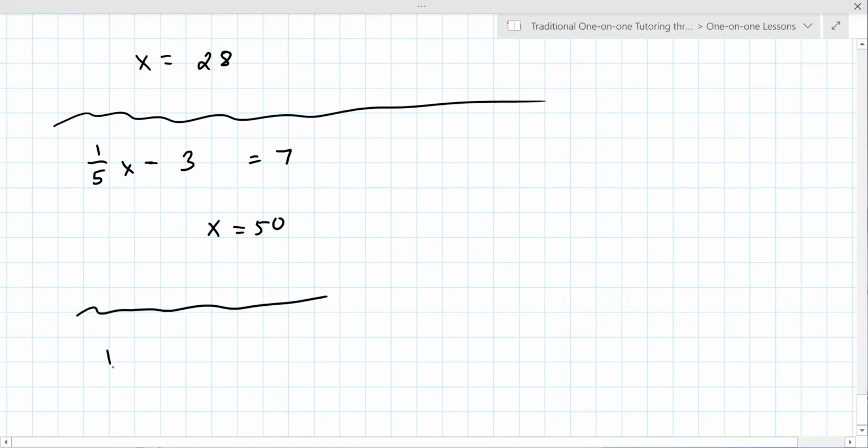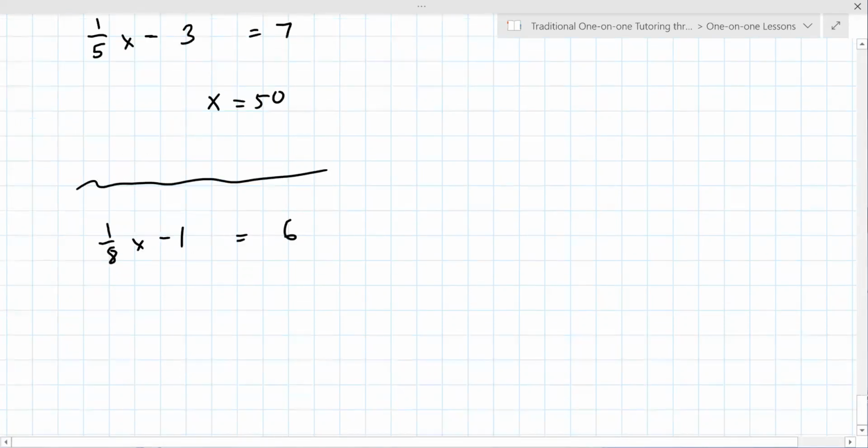We got 1/8 x minus 1 equals 6. Is x equal 56? Yes, very good.